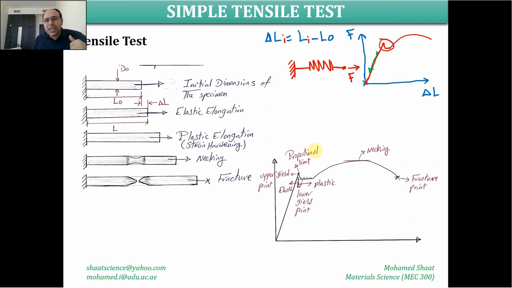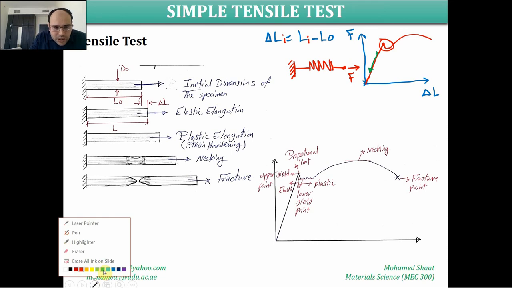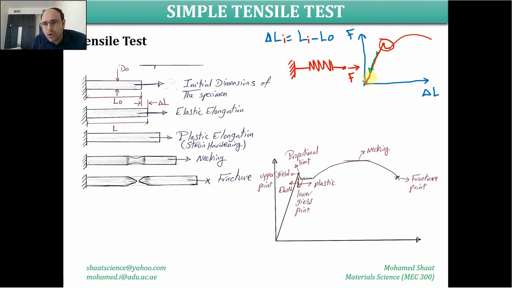If we keep increasing the force and force the material to move to the plastic region, for example, let us assume that we keep on increasing the force, we reach the yield, and we keep increasing the force till we reach up to this point.